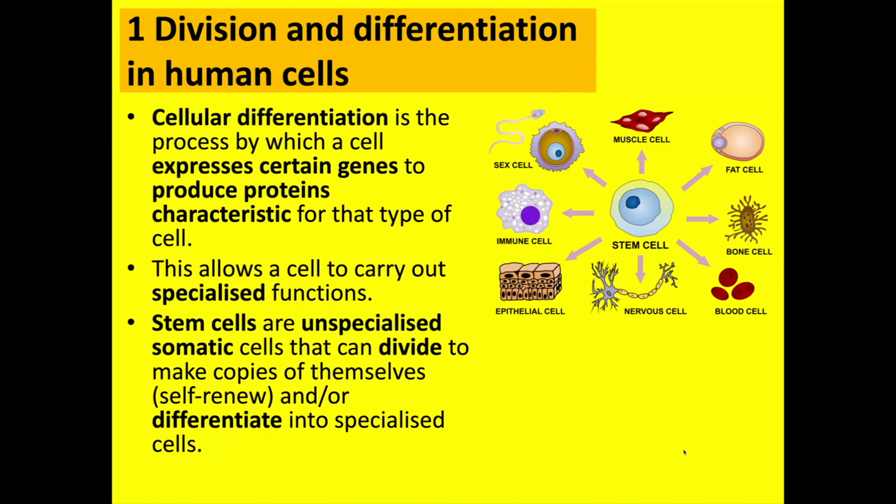So it only expresses the genes that will produce proteins characteristic for that cell type, and that's going to vary depending on the specific cell type that the body is looking to differentiate into. This allows the cell to carry out whatever specialized function it has, and there's a wide array on the diagram on the screen.